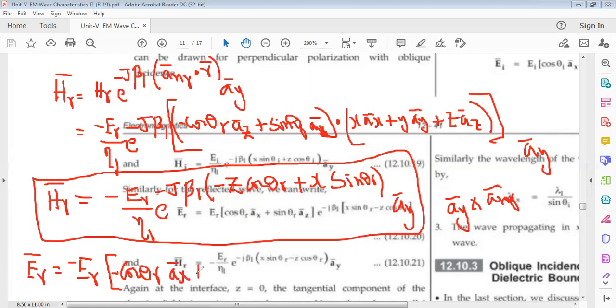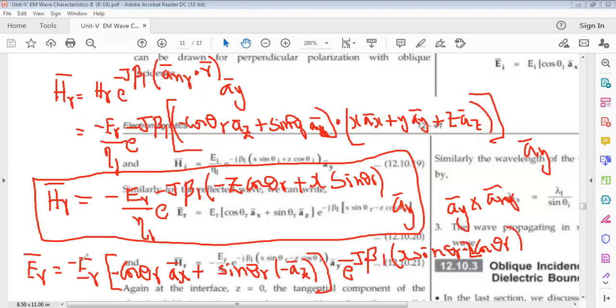And plus sine theta r into a_y and a_x, and a_y and a_x is the reverse, so minus a_z. The whole is multiplied with e power minus j beta 1 and whatever we get here, x sine theta r minus z cos theta r.